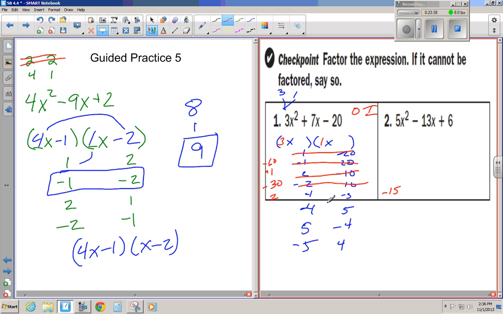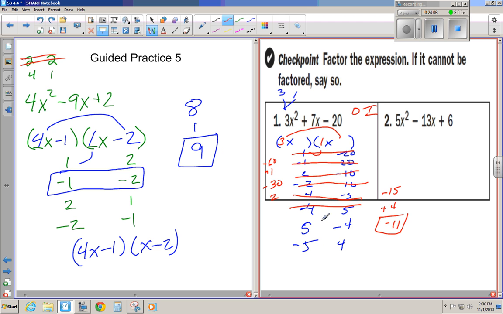3 times 4, right, 1 times 4, I'm sorry. Let's make sure we do this right. 3 times this column, 1 times this column. Negative 11. Not what we're looking for. That won't work either.